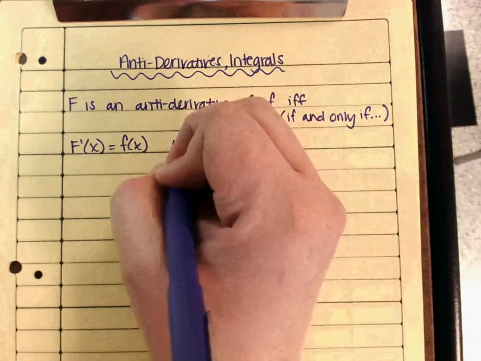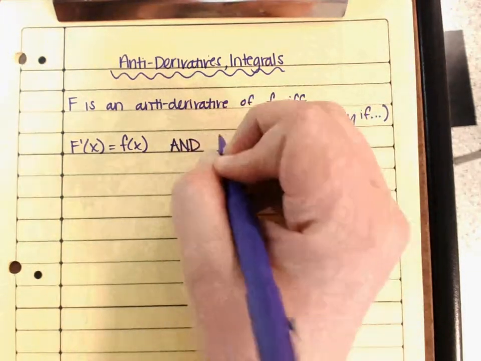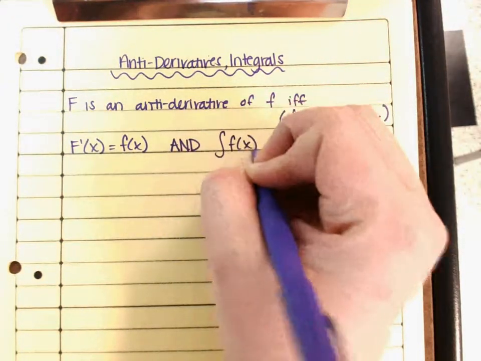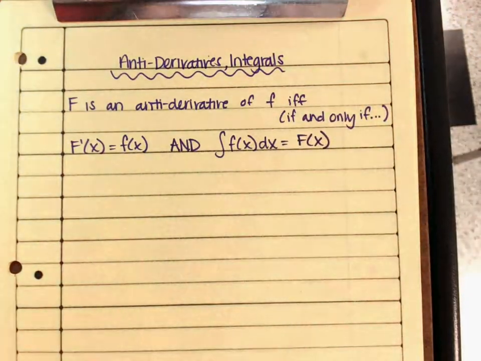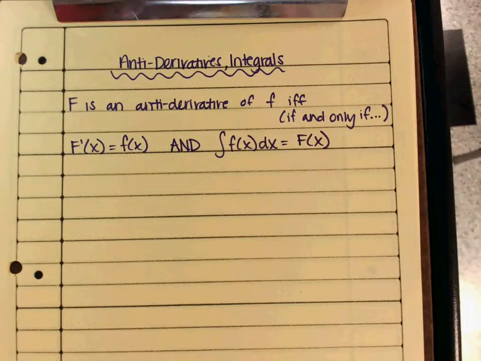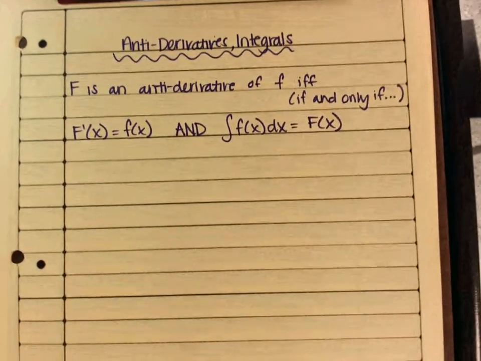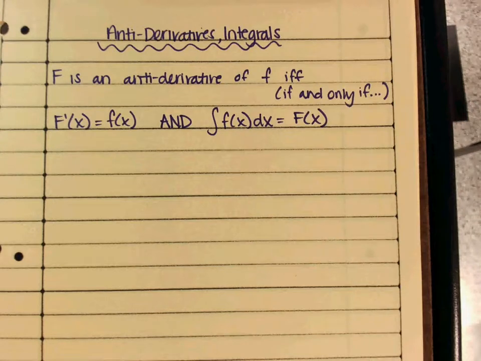And you're going to learn some new little symbols. Now, we'll go through what all that means in a second. But capital F, when you take the derivative, you're going to get normal f. That's what an antiderivative is.